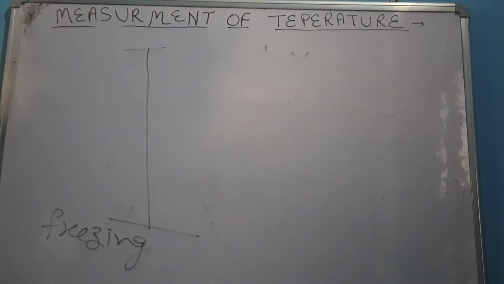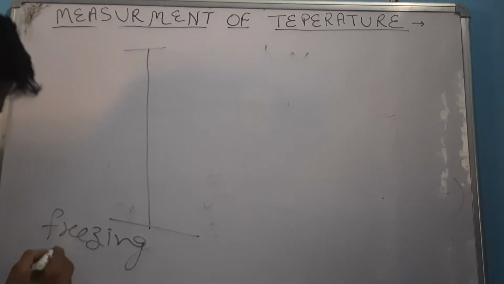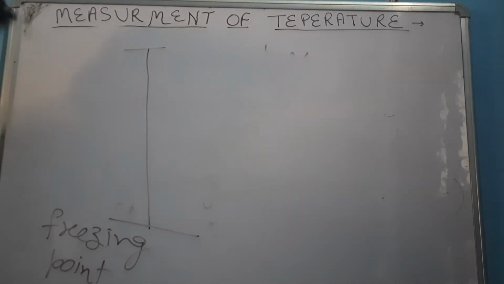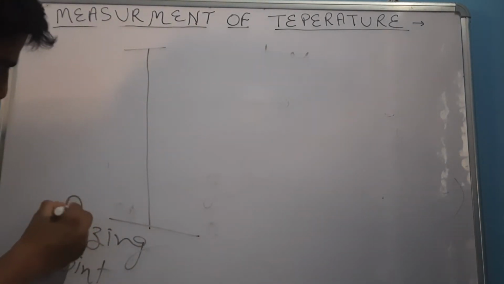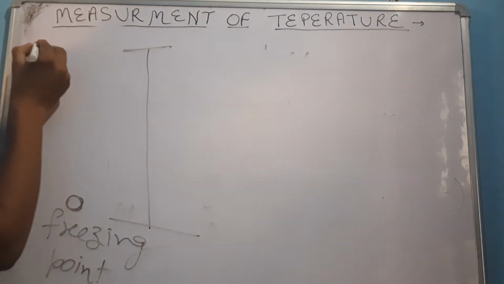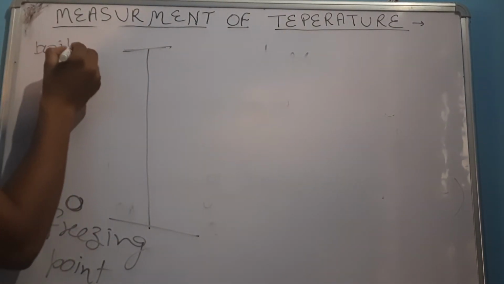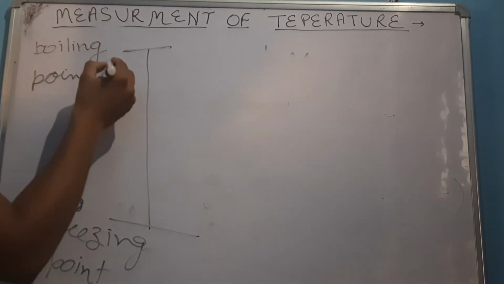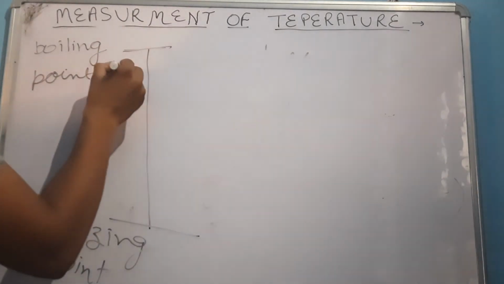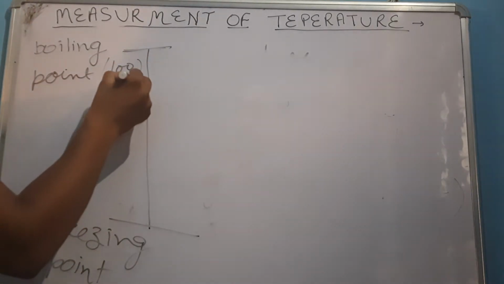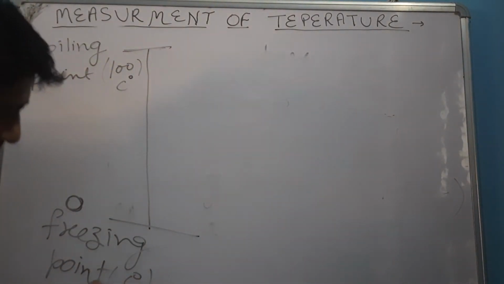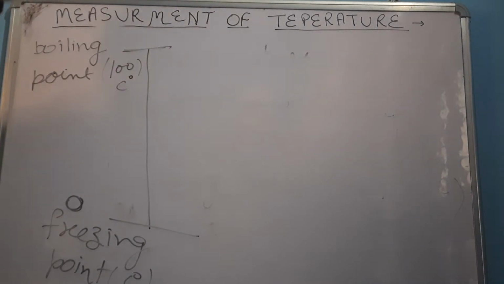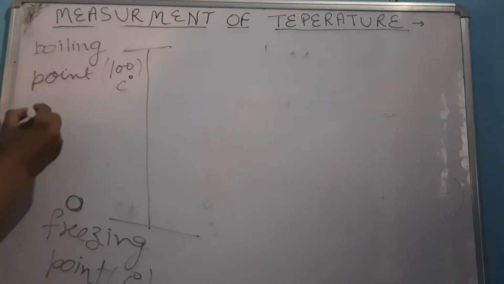We take our thermometer and put it on ice, and the temperature which it shows, we will give this value 0, and when it changes into vapor, meaning the boiling point, we give it the value 100. This is in the case of the Celsius temperature scale, in which we take mercury as the liquid.